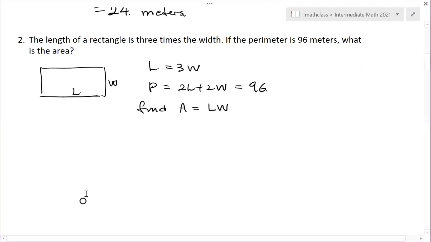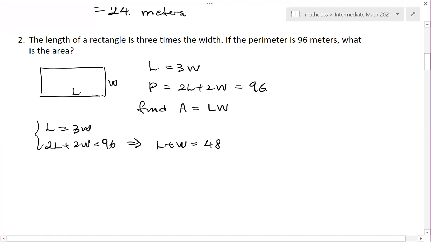Yeah, trace the width and length. I think it's correct. So how do you solve this? You have two equations. L equals 3W, 2L plus 2W equals 96, right? So first of all, you simplify this equation: L plus W equals 96 divided by 2, which is 48, right?